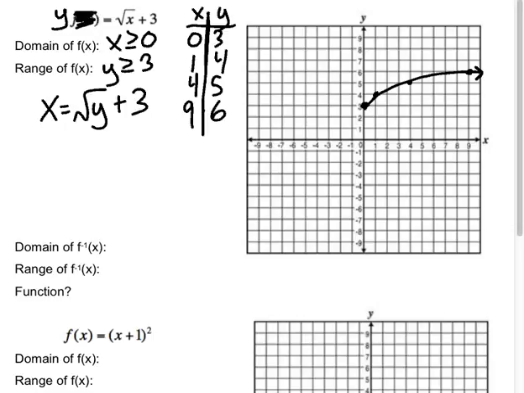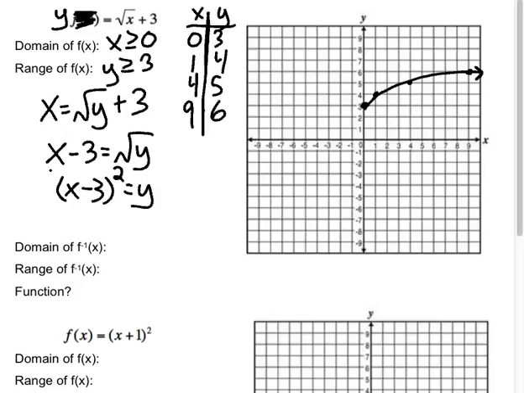So I'm swapping the x and the y, and now I'm going to resolve it for y, okay? So that means I'm going to subtract 3, and I'm going to have to square both sides to get rid of the square root. So that is my inverse function, okay?